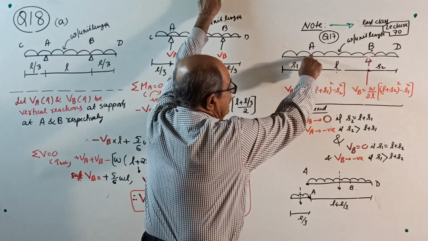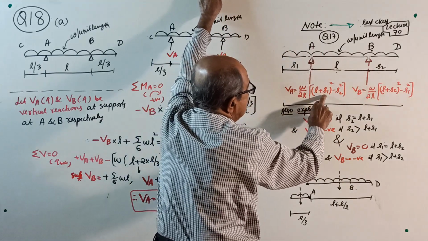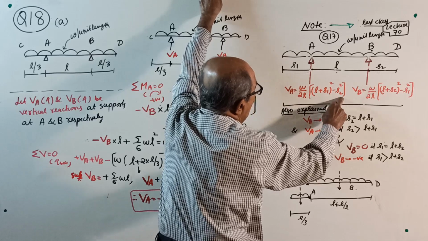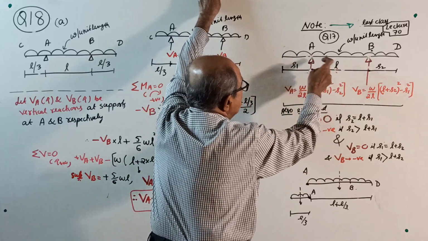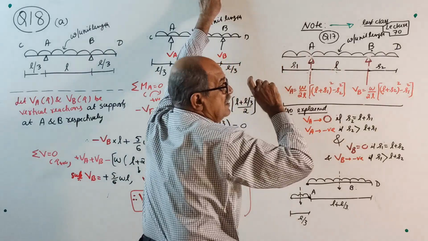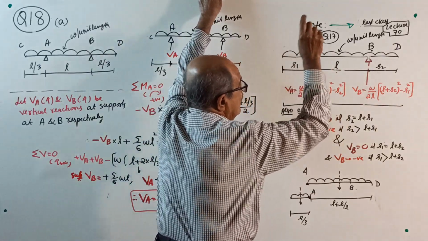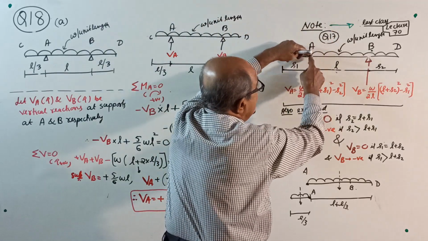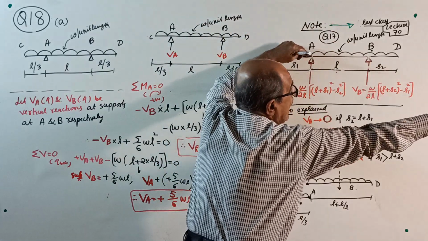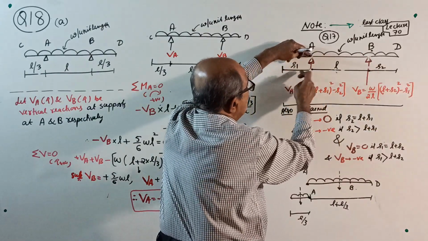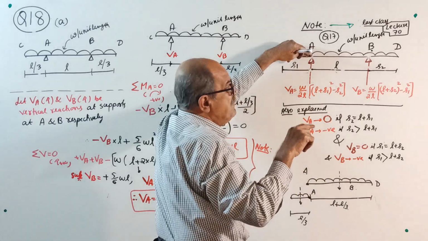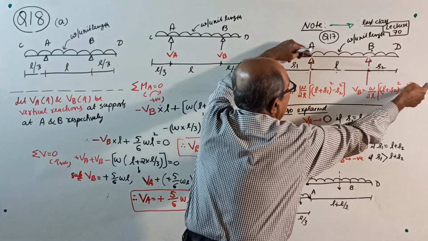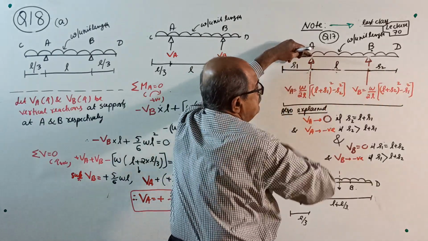VA will be 0 if the overhang is equal to the sum of these two, and VA will be negative if that overhang is more than the sum of these two.